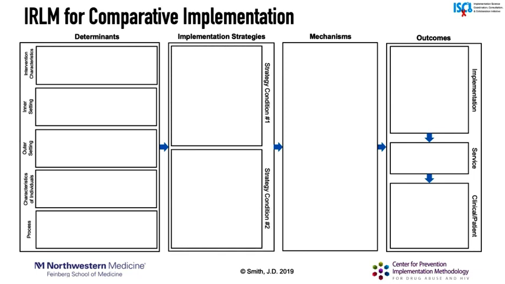We do this because you need to clearly differentiate the 2 different strategy conditions, which goes to being able to speak to the internal validity of your comparison. We've also done it where in comparative implementation, sometimes the strategies are fairly closely aligned and not too different from each other.